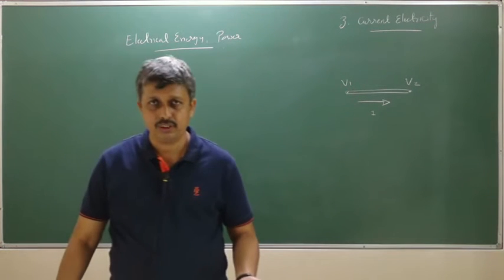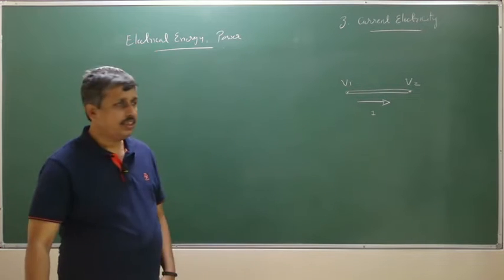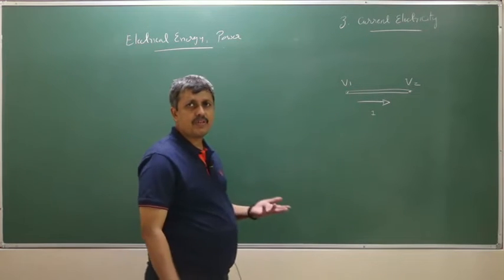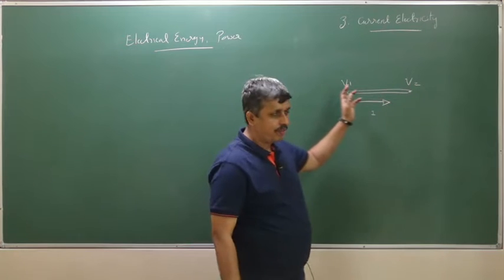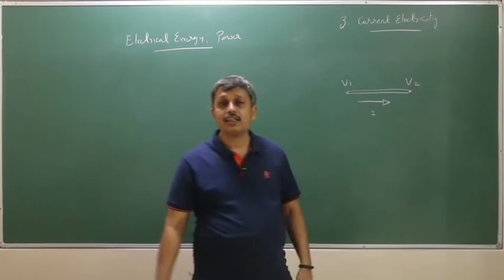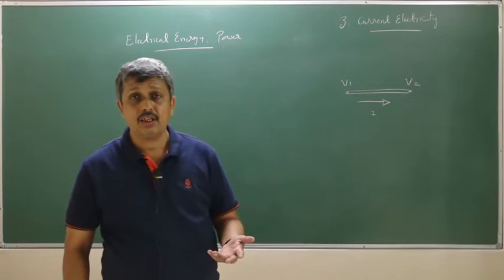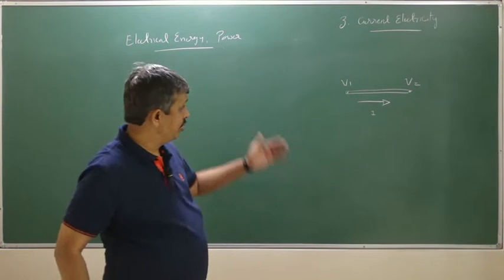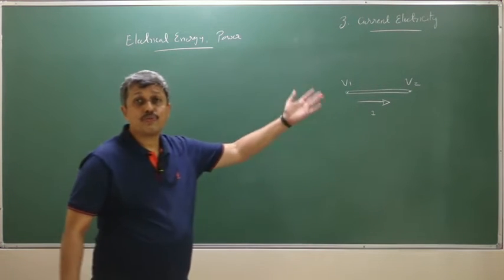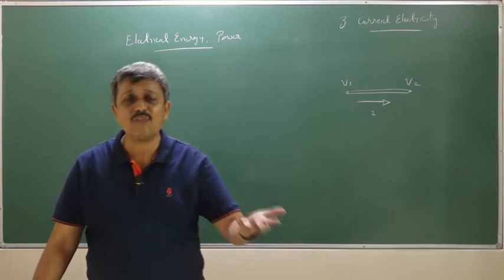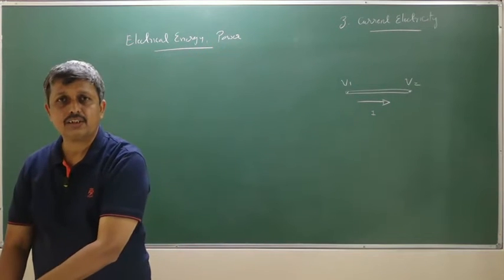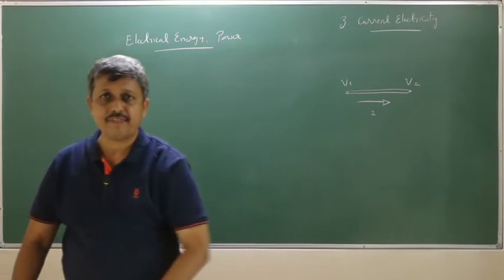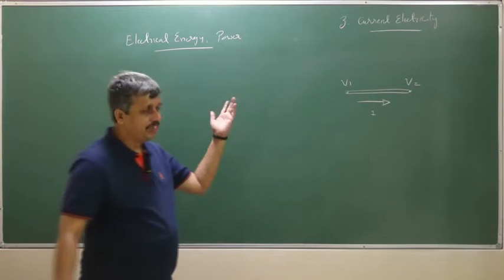What do you mean by current is flowing? Positive charge is flowing from here to here, which simply means that it is going down the potential gradient. It is almost like the water coming from the overhead tank to the bathrooms.